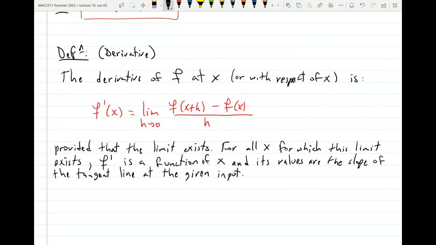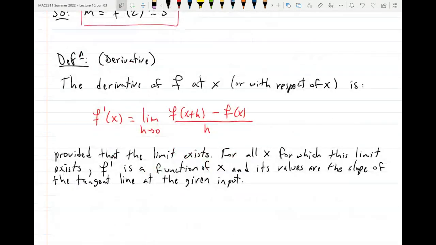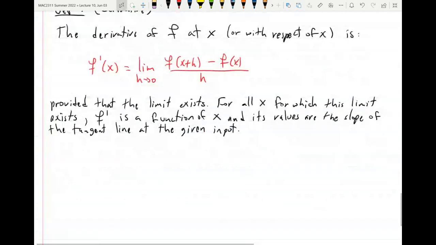That's the reason why we call the slope m, we call it f prime evaluated at whatever value you're given, 2, 3, 1, whatever, because that's just the evaluation of this derivative function.